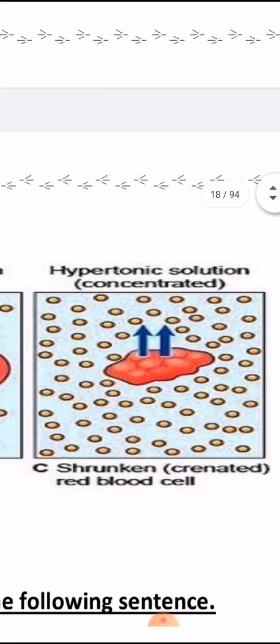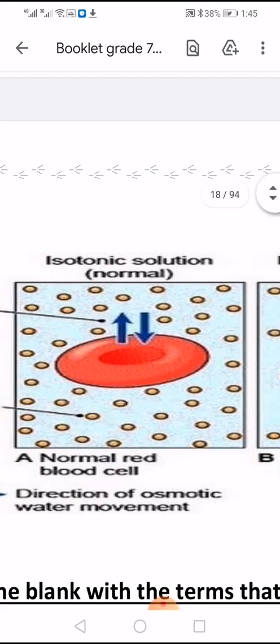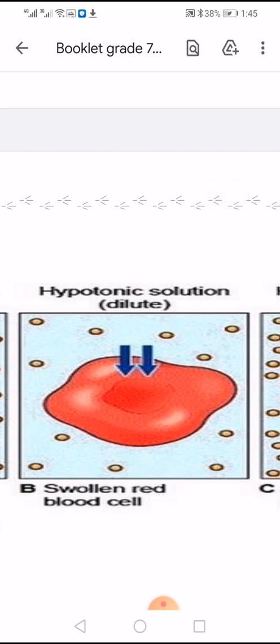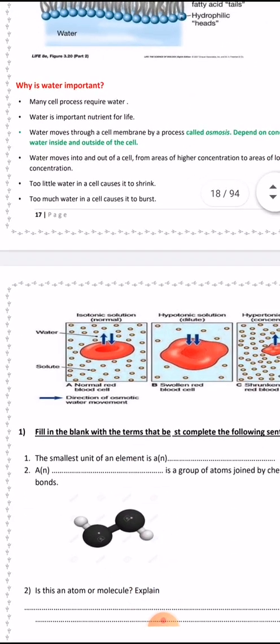While when it bursts, like this, it is like swollen red blood cells that burst.